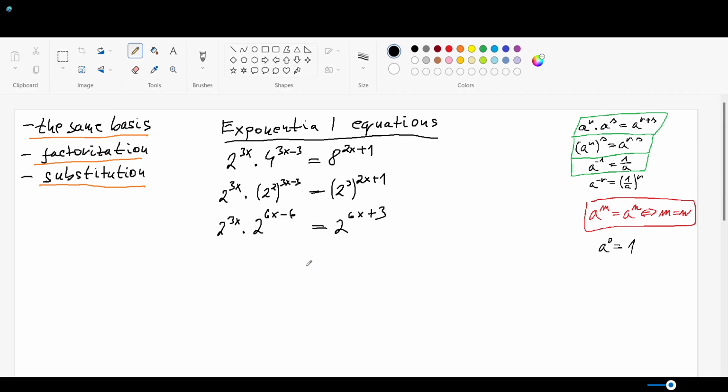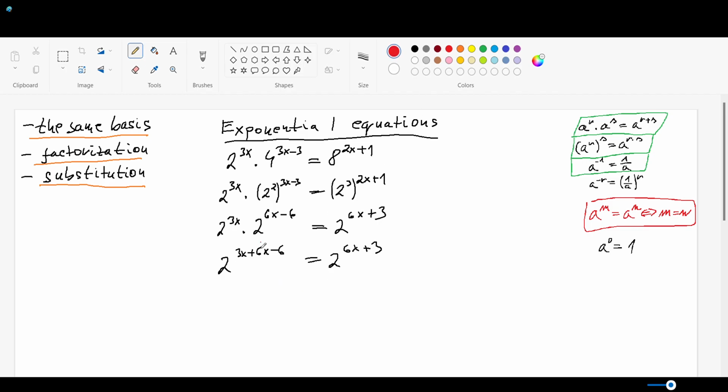Okay, now as you can see, this is the same thing as we had in the previous equation. So this is going to be 2 to the power of 3x plus 6x minus 6 is equal to 2 to the power of 6x plus 3. Now we have the same base. I'm not going to simplify this expression because I will do it now.